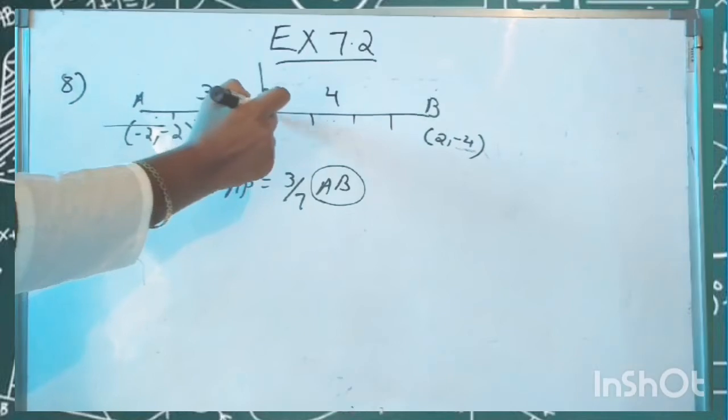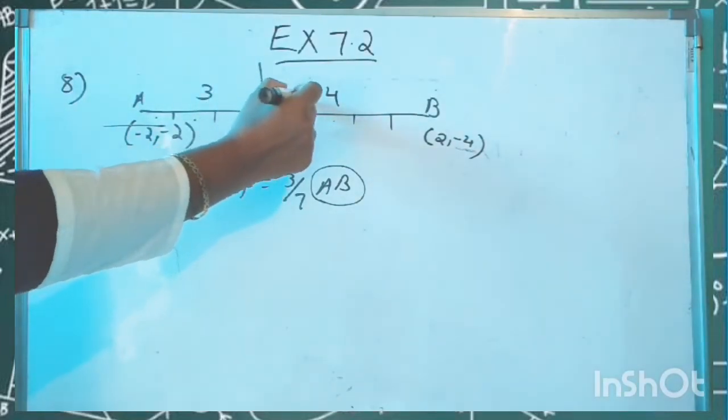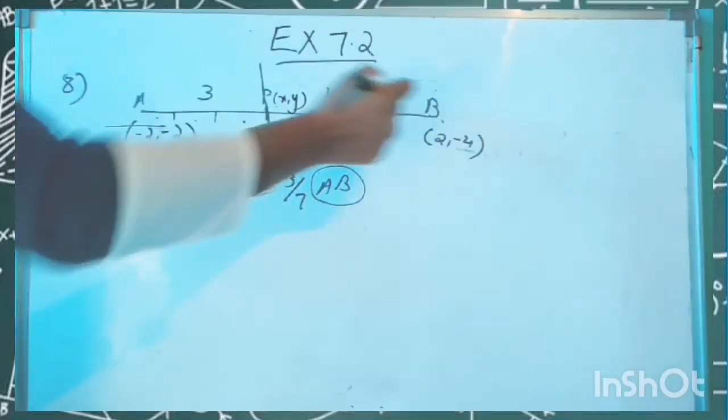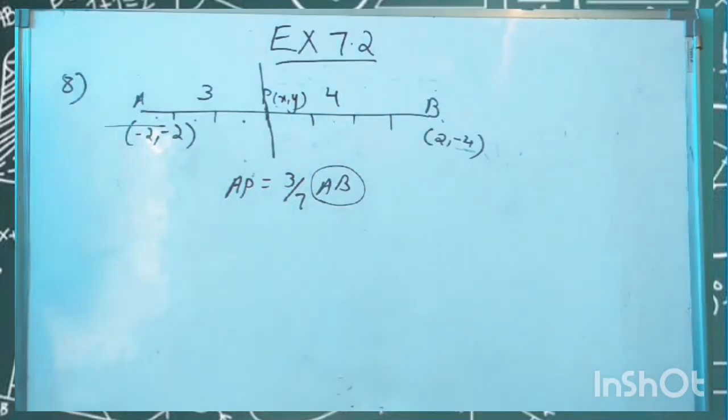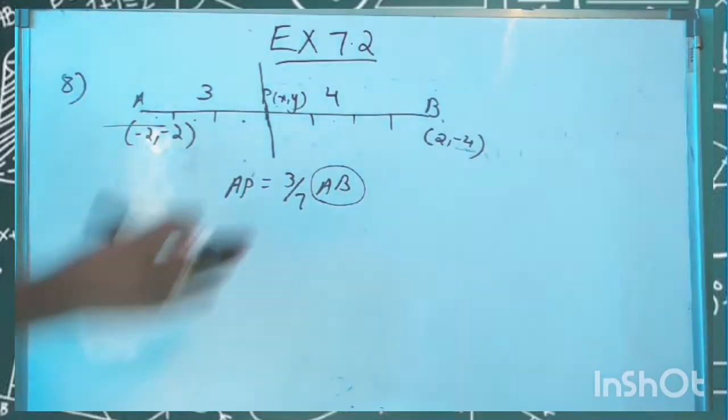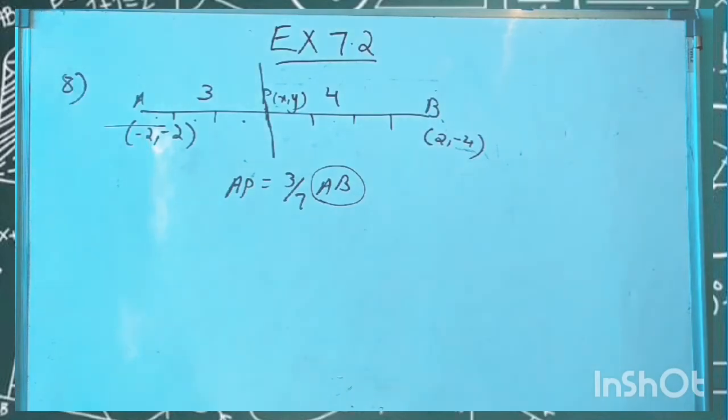That means this point P(x, y) divides our line AB in the ratio 3:4. Clear?